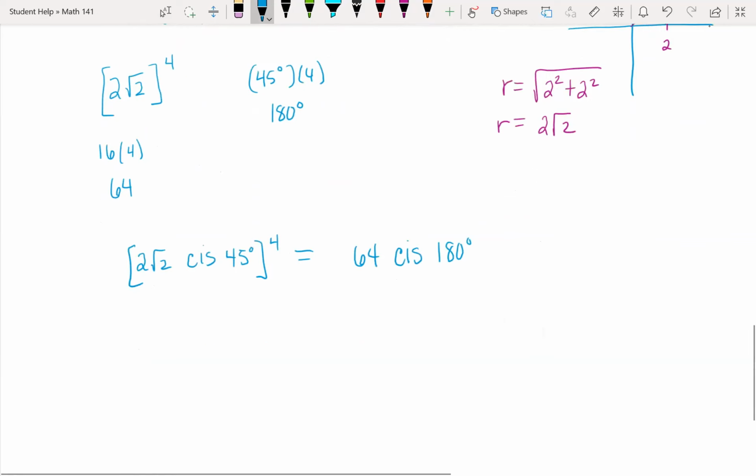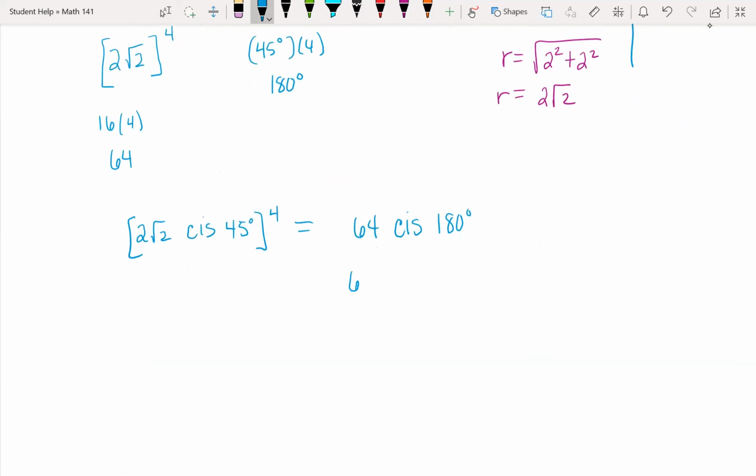Now let's multiply this out. 64 times cosine of 180 degrees plus i times the sine of 180 degrees. Cosine of 180 degrees is -1. Sine of 180 degrees is 0, right?